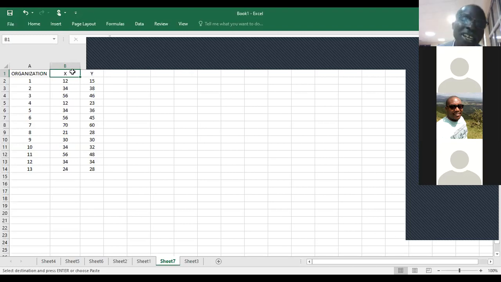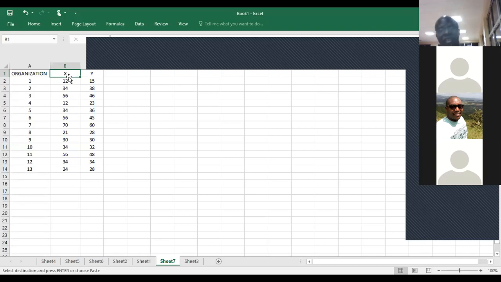If you have one independent variable, then the model you'll be developing is called a simple regression model. It is not simple because it's simple, no. It's because you only have one independent variable.